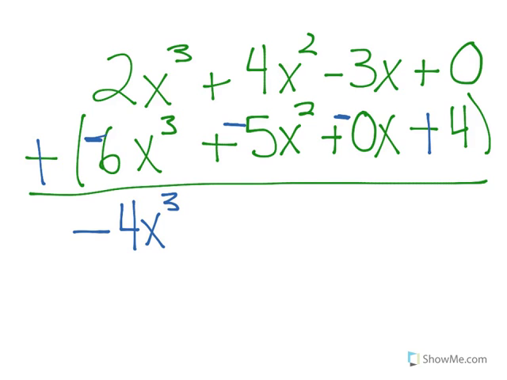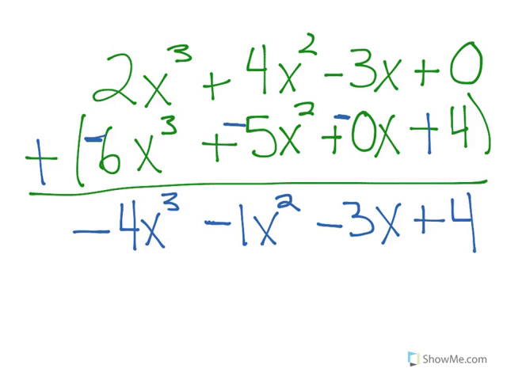So that means I have negative 1x squared. I have a minus 3x, and I'm going to add a negative 0x, so that leaves me with a negative 3x. And then my constant, I have a 0 plus 4, so that's a positive 4. So my final answer is negative 4x cubed minus 1x squared minus 3x plus 4.